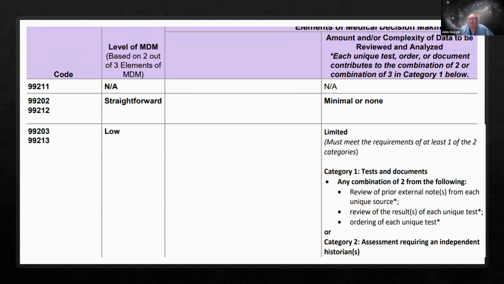Or if you had a note from their primary care doctor and you had a CBC or a culture, again, those 2 would come together to meet these combination criteria.